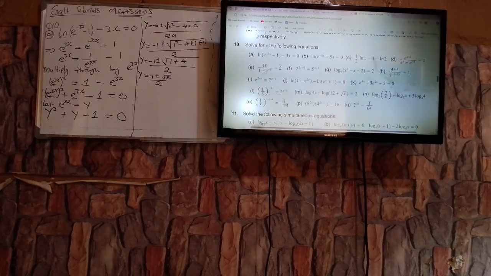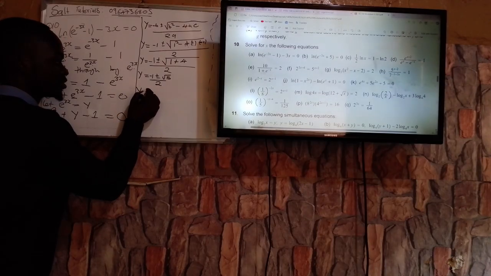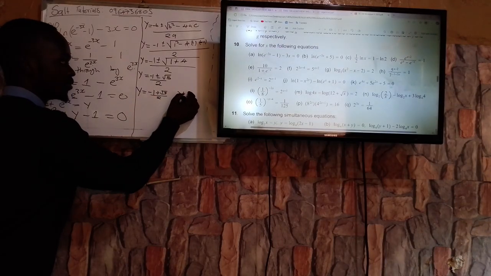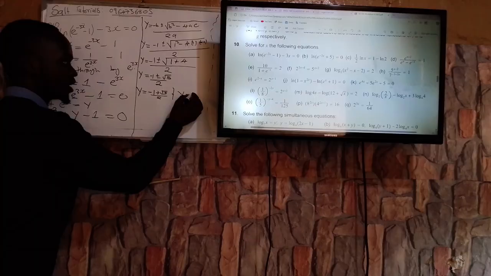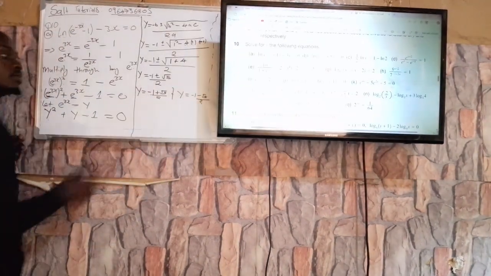Remember, you have calculators. The first value of y is negative 1 plus root 5 over 2, and another is negative 1 minus root 5 over 2.